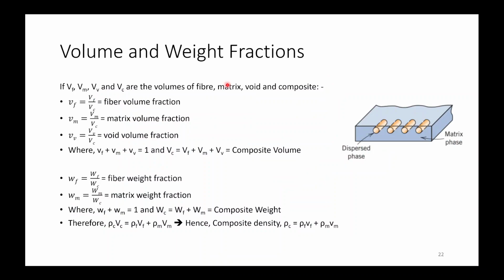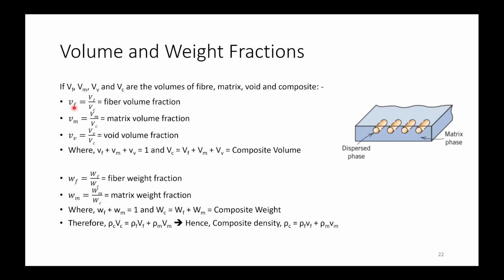Now, volume and weight fractions. If these fiber phases are dispersed in the matrix like this, then these calculations will be followed. VF, VM, VV, VC are the volumes of fiber, matrix, void and composite.